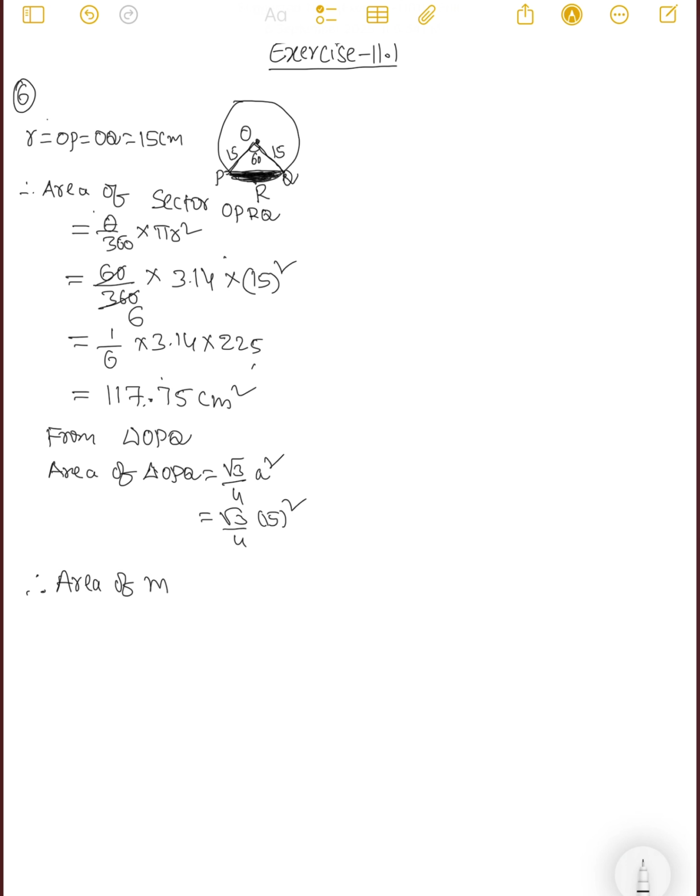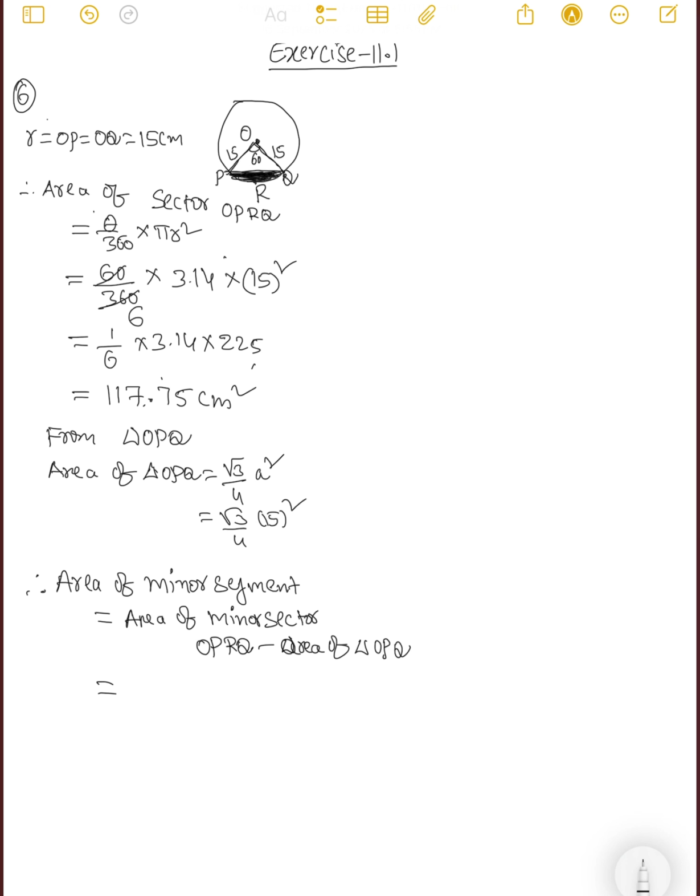Area of minor segment is equal to area of minor sector OPRQ minus area of triangle OPQ.